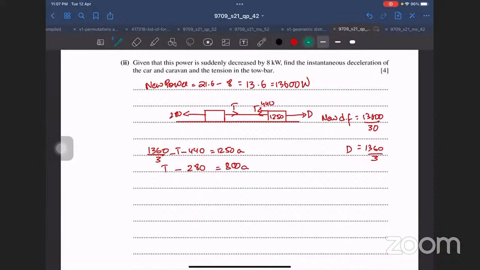If I'm doing this correctly, I get 1360 over 3 minus 440 minus 280. I get minus 800 over 3 equals 2050A. So divided by 2050, I get minus 0.13 as the deceleration.